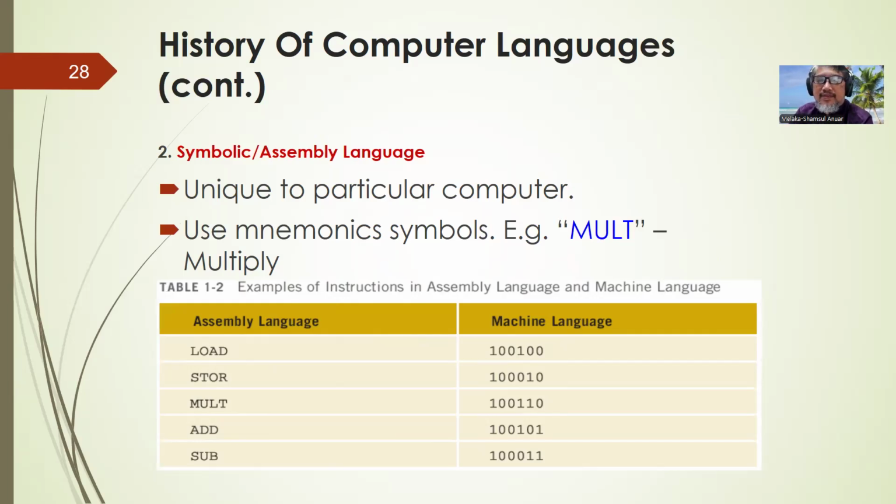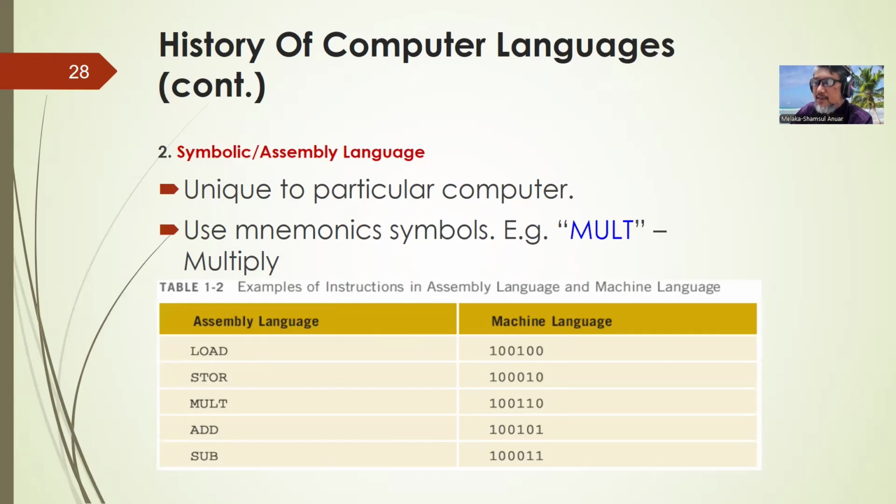And then we have symbolic or assembly language. Symbolic, and the more commonly used name is the assembly language. I heard assembly language is still difficult. A lot of our friends in the computer science field are still learning assembly language.